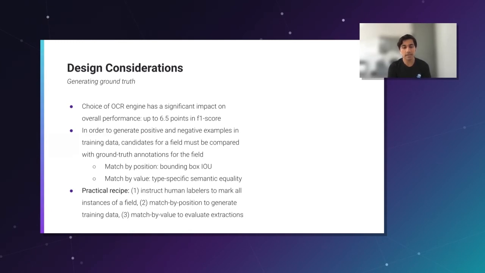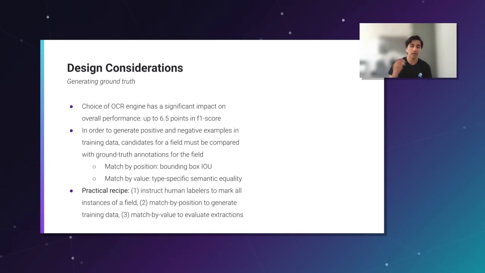So certainly, at the end of the day, you want match by value to be true. No one really cares about the bounding boxes. They care more about extracting particular values from the document. But what the authors of the paper observed is that a practical recipe that is more training data efficient is, first, to instruct human labelers to mark all the instances of a field. Second, use match by position to generate the training data.